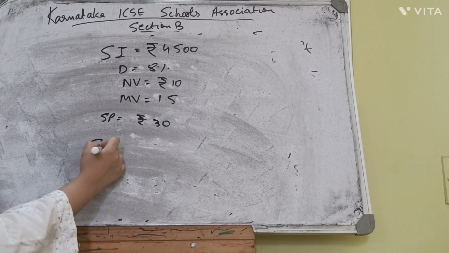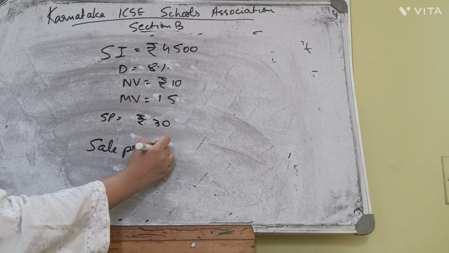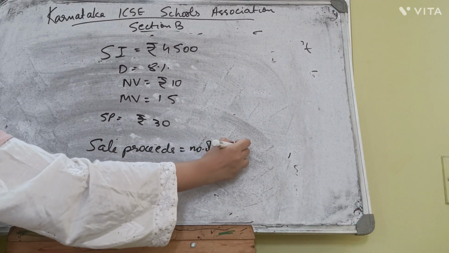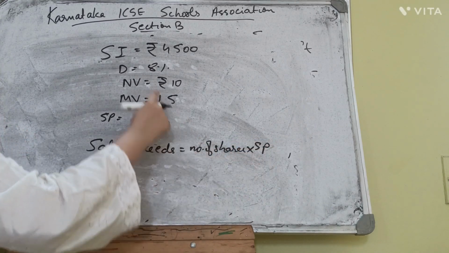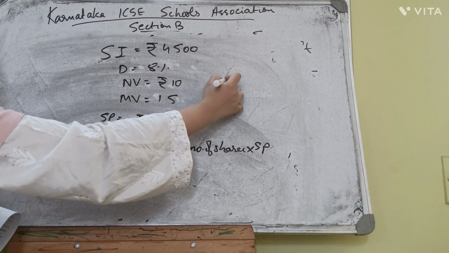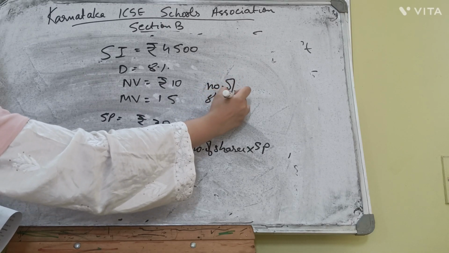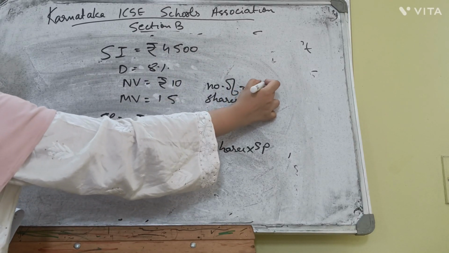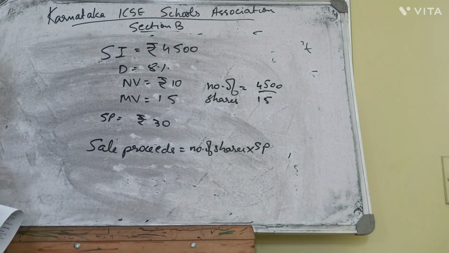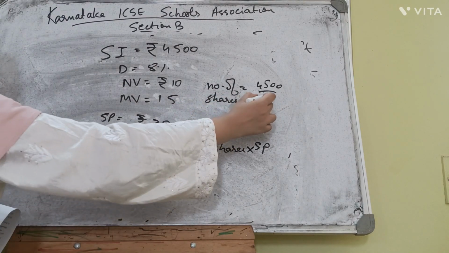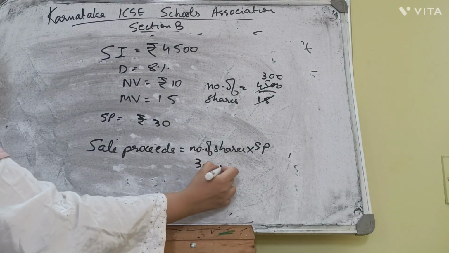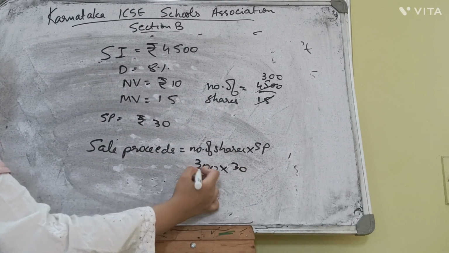So first we will find out the sale proceeds. Sale proceeds is equal to number of shares into the selling price. We do not have number of shares, so we need to find the number of shares. Number of shares will be the sum invested by the market value, which will be 300.